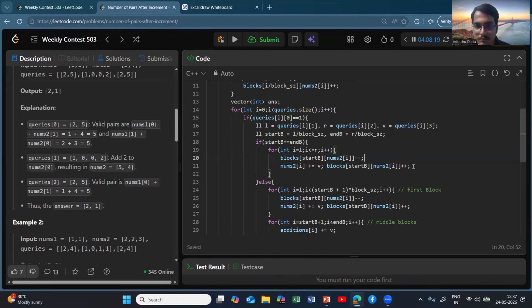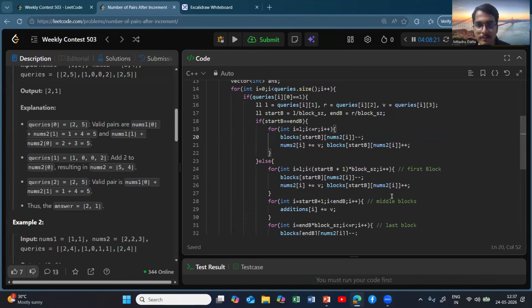First, you see the starting block number, L by block size, since you are iterating from L to R. This L lies in the starting block number, L by block size. This R lies in the ending block number, R by block size.